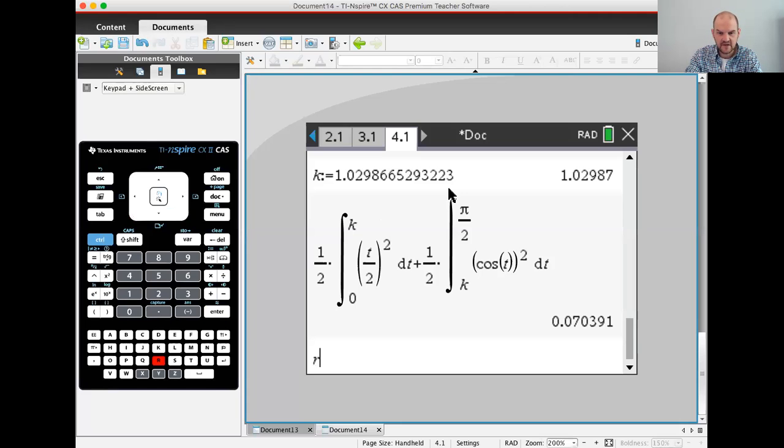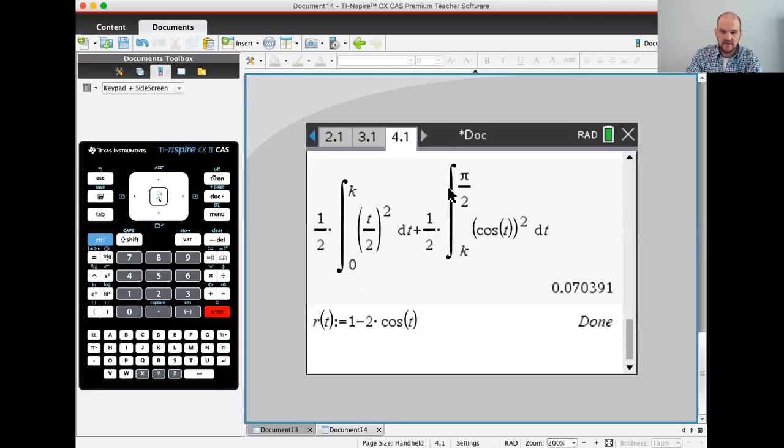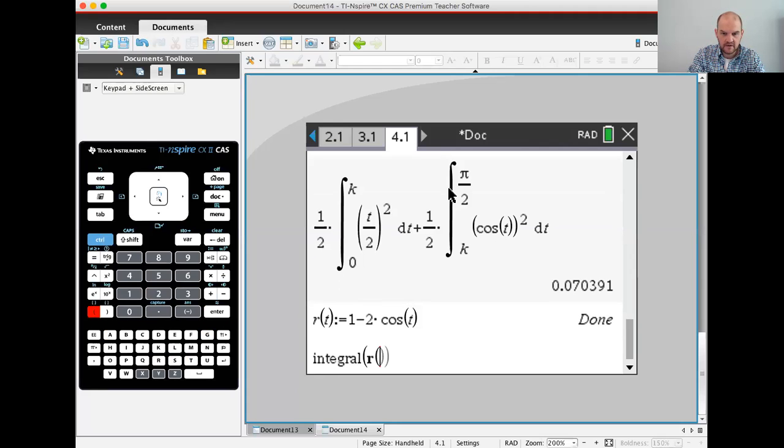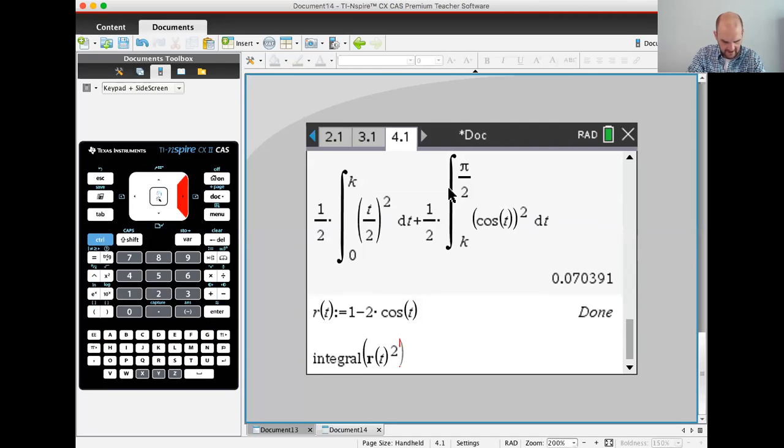page of these notes. So I'm going to store r of t as 1 minus 2 cosine of t. All right, so I want to do the integral of r of t squared. So I'm doing a, comma t, comma pi over 3 to pi, minus the integral of r of t squared.